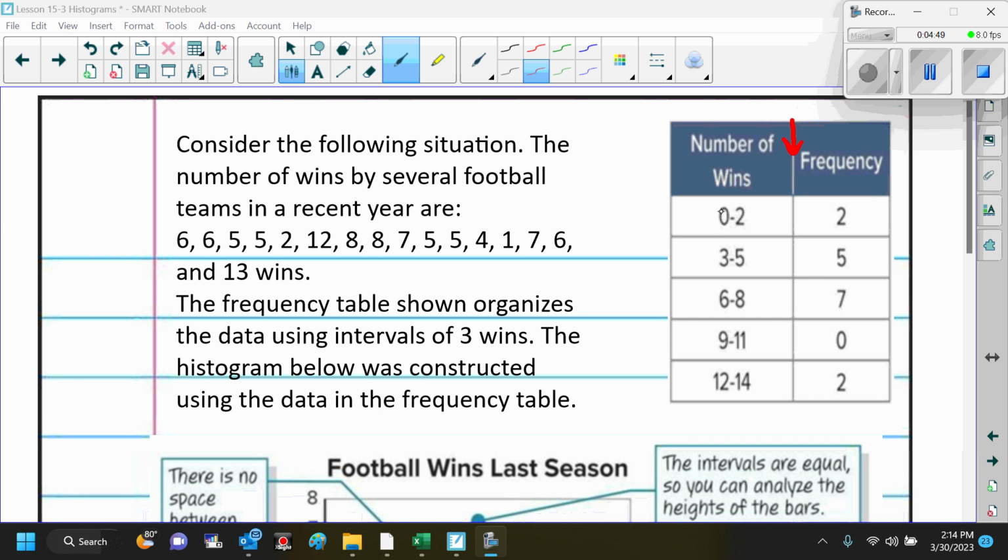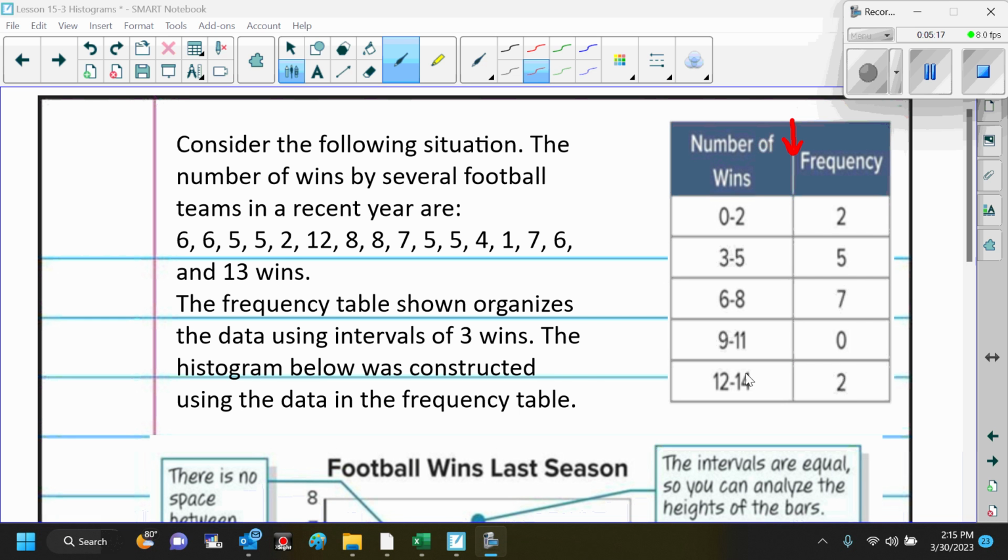So this is 0, 1, and 2. You see 0 is a number, so it's 0, 1, and 2. So there's 3 numbers in there. Then we have 3, 4, and 5, then 6, 7, and 8, and so forth. So there are 3 numbers in each one of those intervals. The histogram over here, also, when we organize these, the frequencies are 2, 5, 7, 0, and 2.